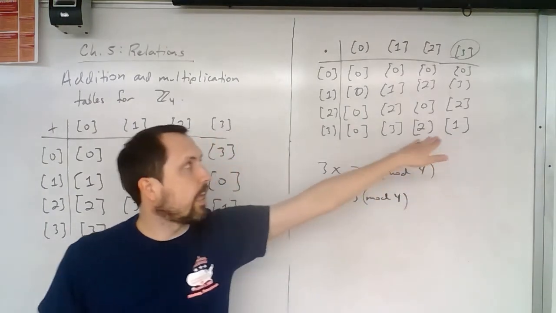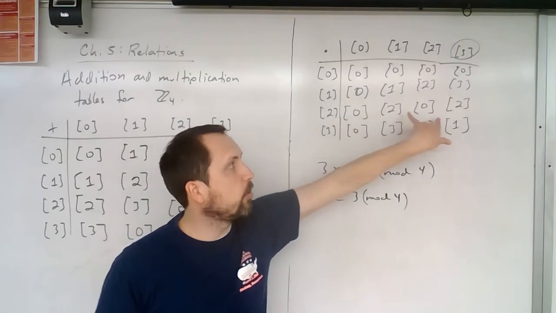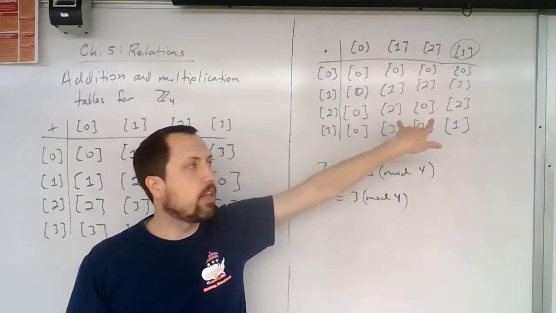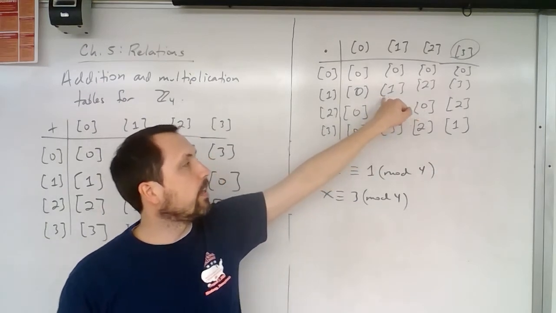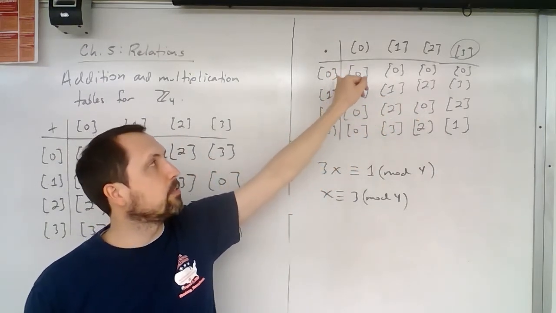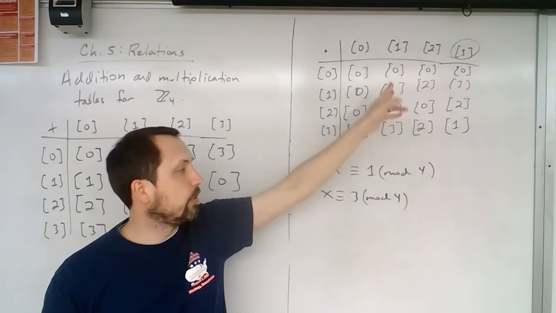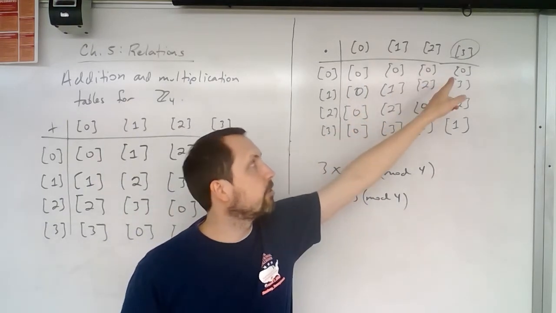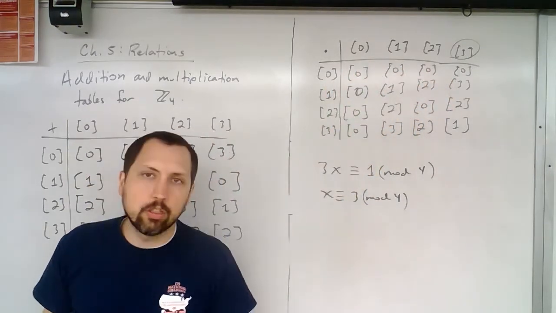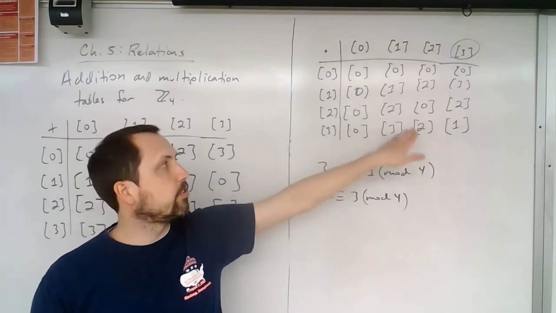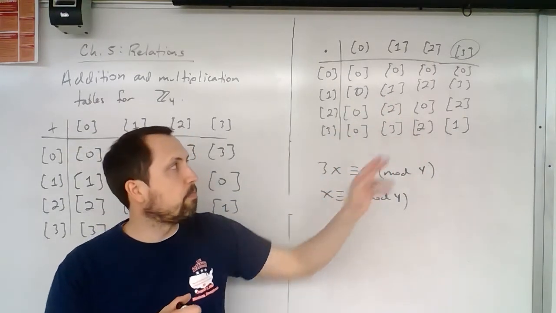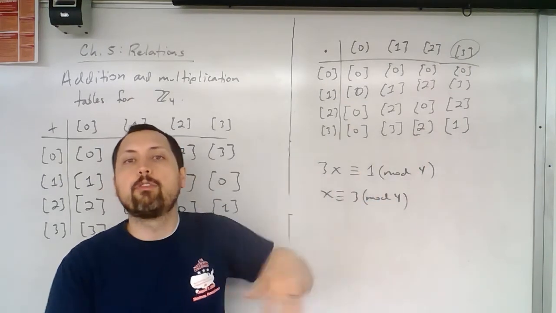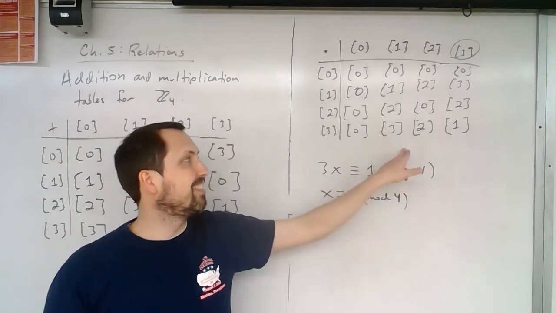So when you create this table, you can now see when you are possibly going to get repeated answers, and when you are always going to be able to solve something, right? Obviously, if it's 0 times x is equal to 0 mod 4, you get a whole bunch of answers. If it's anything else, you get no solutions. So you have, hopefully, a nice visualization now of seeing the types of patterns that will emerge of repeated ones versus distinct ones.